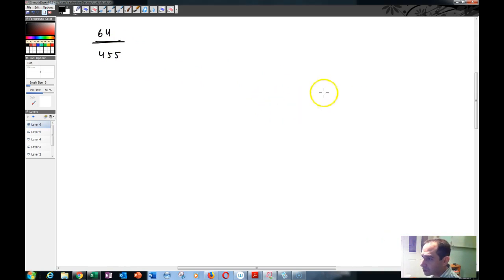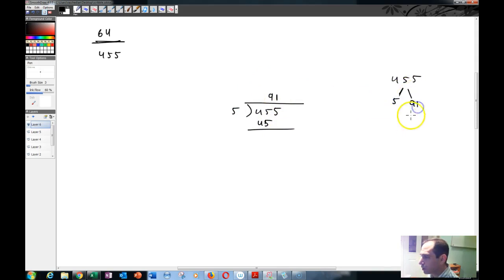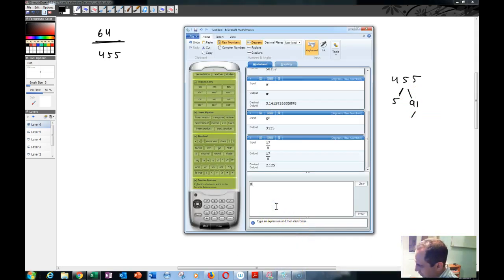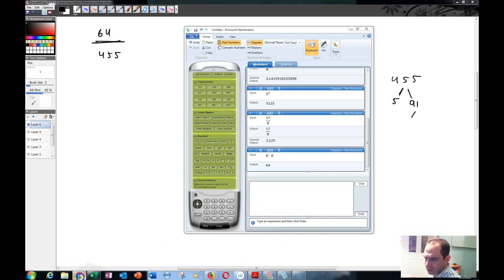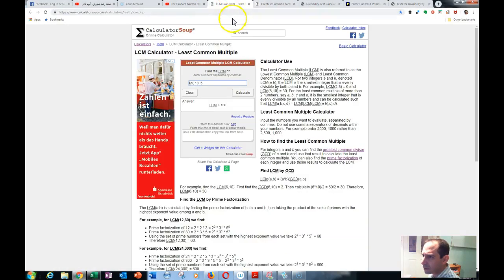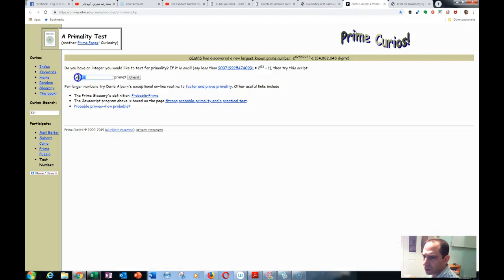So for example, let's go for 455. If you divide it by 5, you will get 91. So that's 5 times 91, and 91 is the same thing as, I think it's 8 times 8, no, I think 91 is a prime number, if I'm not wrong.